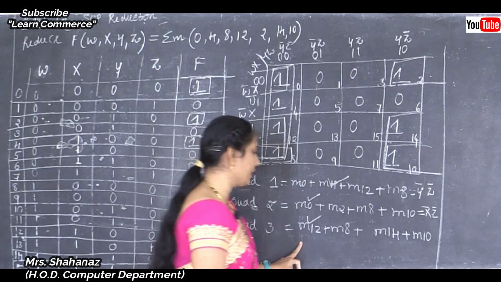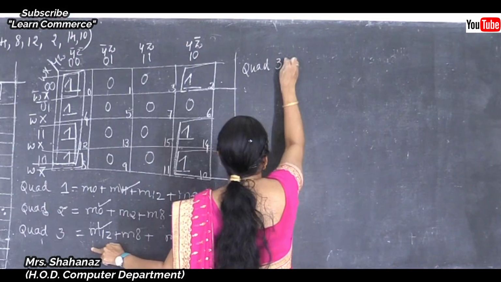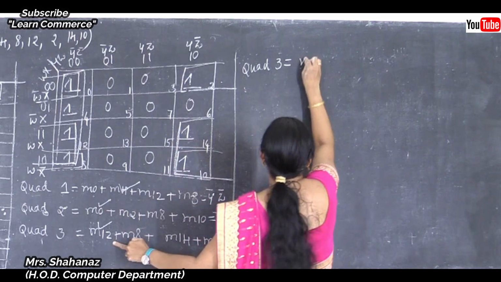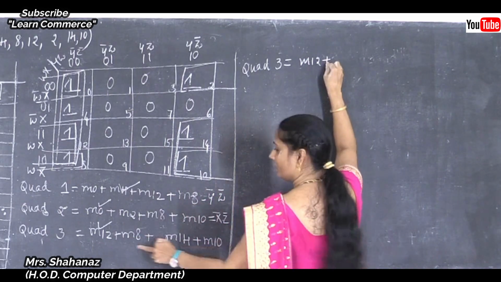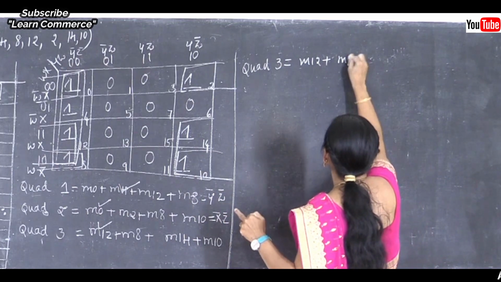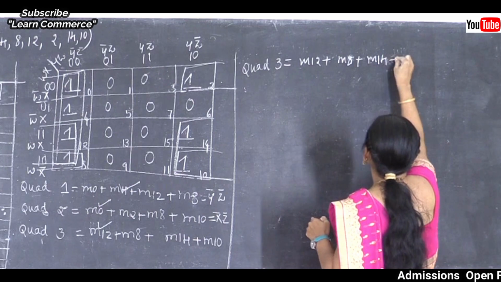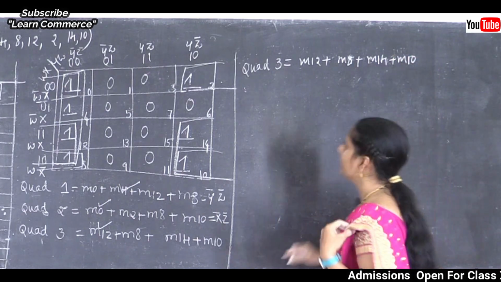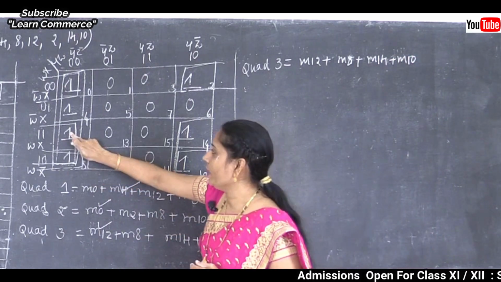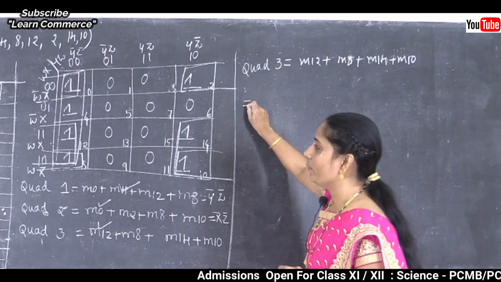Now we are searching for the result of our quad 3. So quad 3 is equal to 12, 8, 14, 10. Okay. Now the 12 value I am taking.